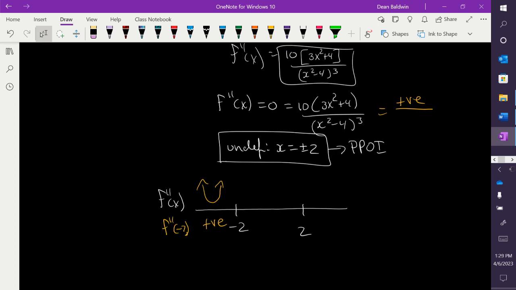Negative cubed is negative, positive over negative is negative. If your second derivative is negative, you are concave down. They don't always alternate. Just want to put that out there. This one does, but they don't always alternate.